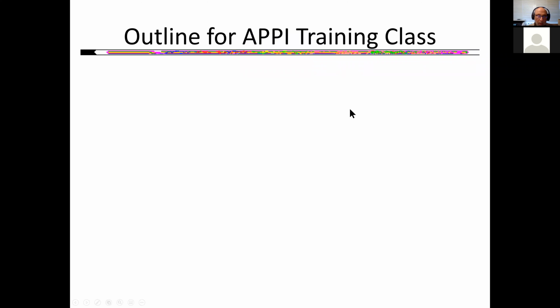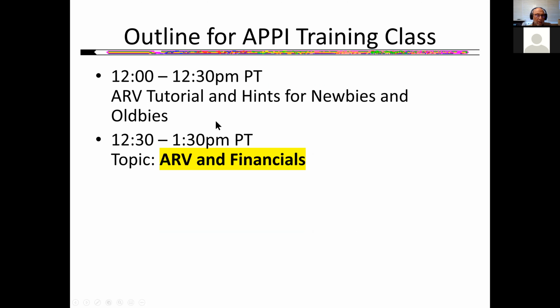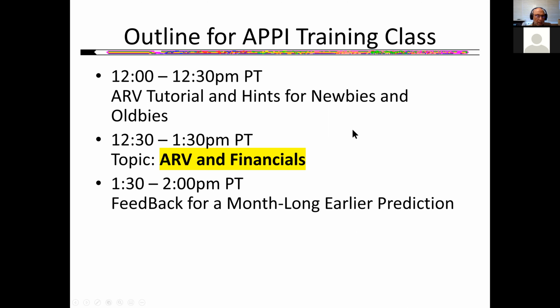And here's the outline for today. We'll do a tutorial. There are always some newbies here that don't really know what ARV is, and even for the oldies, hearing it again and again, I think deepens it. So we'll do that for about half an hour, and then we'll get into ARV and Financials, about an hour for that.